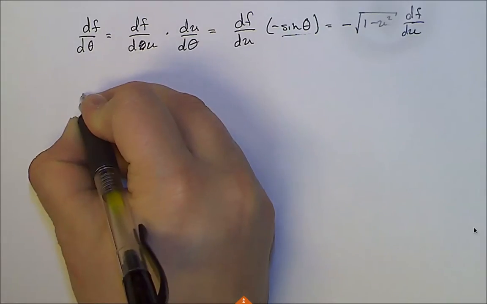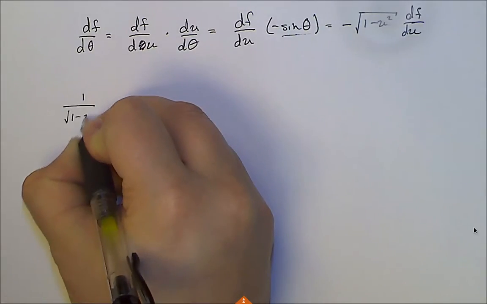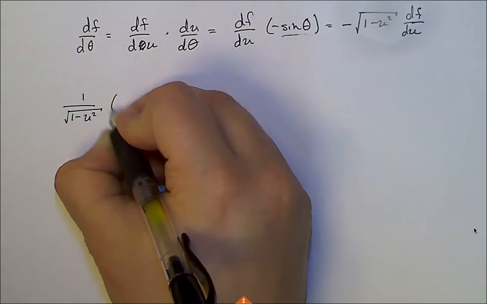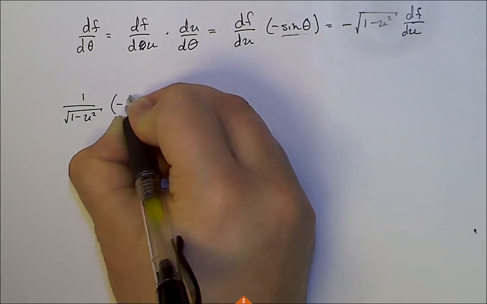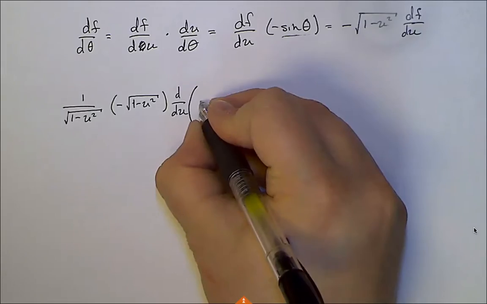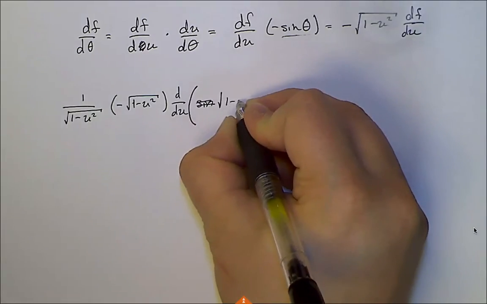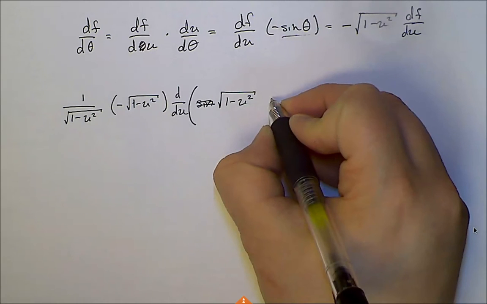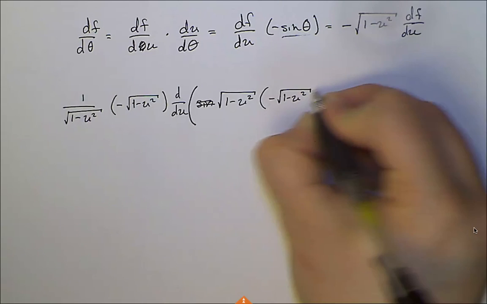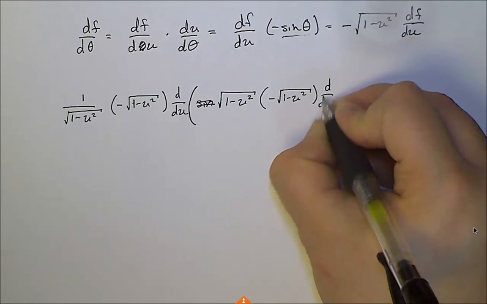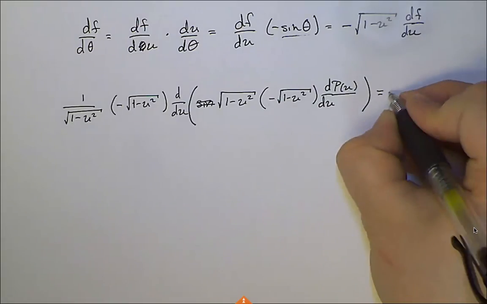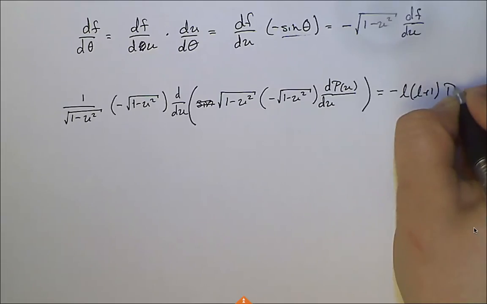We are going to get 1 over sine theta, 1 over the square root of 1 minus u squared, times the derivative with respect to theta, which is now minus the square root of 1 minus u squared, the derivative with respect to u, of whatever it is we need to take the derivative of, which in this case is sine theta, again 1 minus u squared, times now the derivative with respect to theta, which again is going to be minus 1 square root of 1 minus u squared, du of capital theta, which we are now calling a function p, obviously a function of u, equals minus L plus 1 times p.